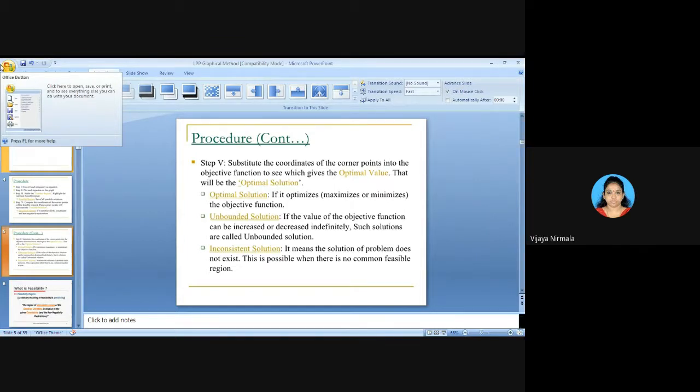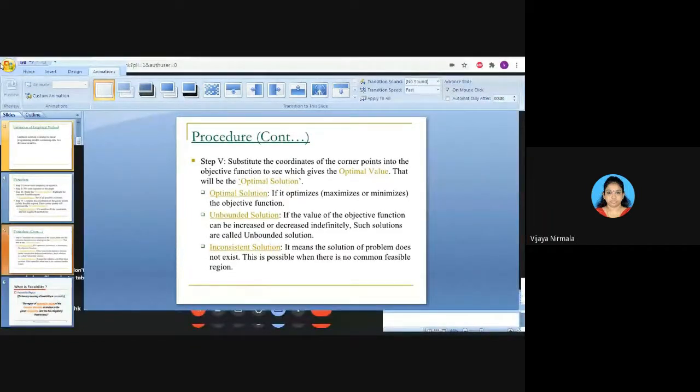Optimal solution in the sense, it is optimization, we know that maximize profit or minimize cost. So maximize or minimize the objective function. That is called the optimal solution.